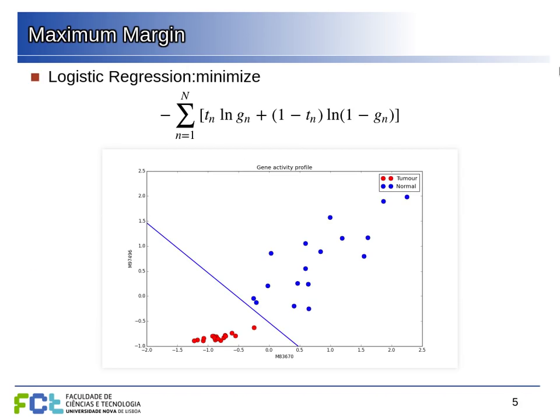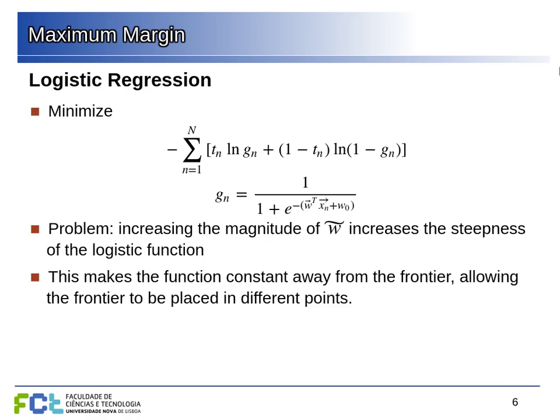One problem with this is that we can arbitrarily increase the size of the vector that determines this plane where we cut our set. The hyperplane that separates our data is defined by a vector that is perpendicular to the plane, but the size of this vector can be anything we want. If we have a very large vector here, this function changes very rapidly.